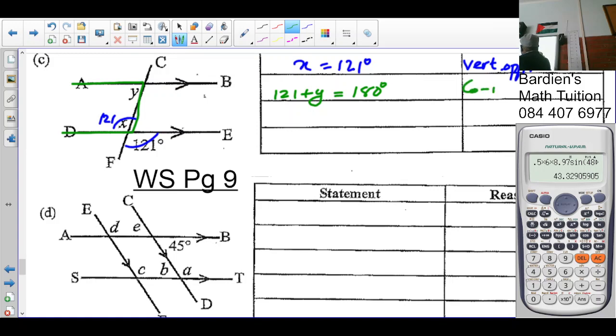Co-interior angles with AB being parallel to CD. So y is equal to 180 minus 121, which is 59 degrees. Okay, they are not equal. They add up to 180.